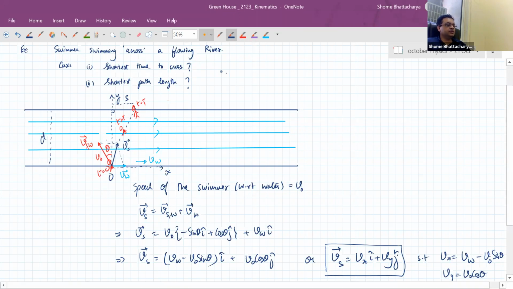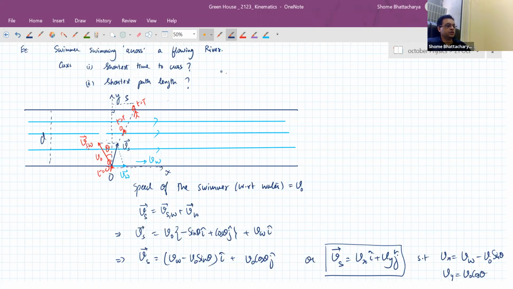So using that equation only, we learn how to manipulate this for the two situations which I've asked about. One is the shortest time taken to cross the river, and for that, as you correctly said, the condition that we'll get for the shortest time taken will be that theta should be 0. That means he should swim relative to the water in the direction perpendicular to the water flow, or in this case along the y-axis. Whereas for the shortest path length, we will get a different condition.